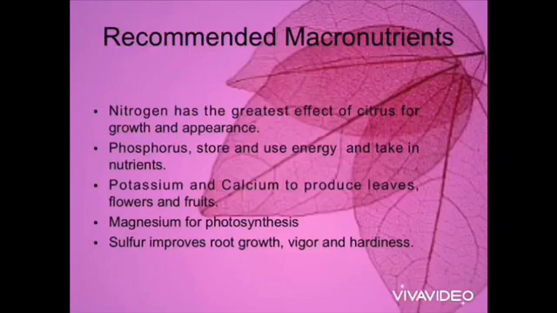It is also essential for cell growth and cell division. Potassium and calcium are used in relatively great amounts by citrus to produce leaves, flowers, and fruits, while magnesium is crucial in photosynthesis and stimulates phosphorus uptake. Sulfur is a part of many proteins and improves root growth, vigor, and hardiness.